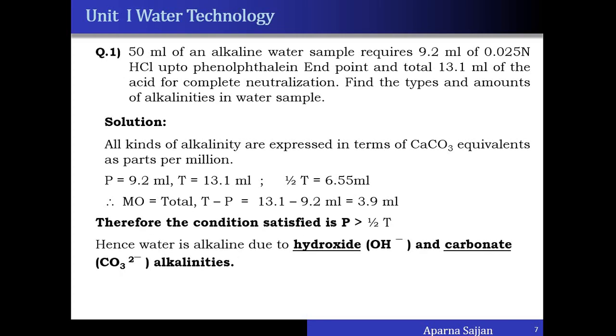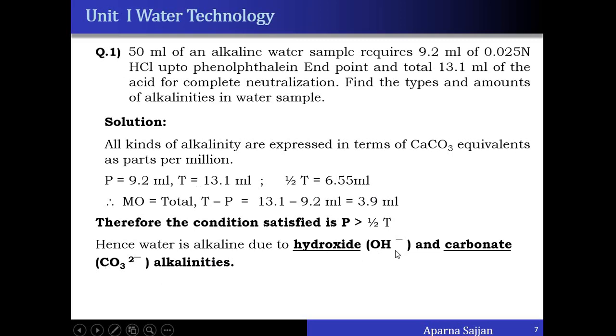Therefore, the condition satisfied is P is greater than half of total, meaning 9.2 is greater than 6.55. And in that condition, the types of alkalinities are hydroxide and carbonate.